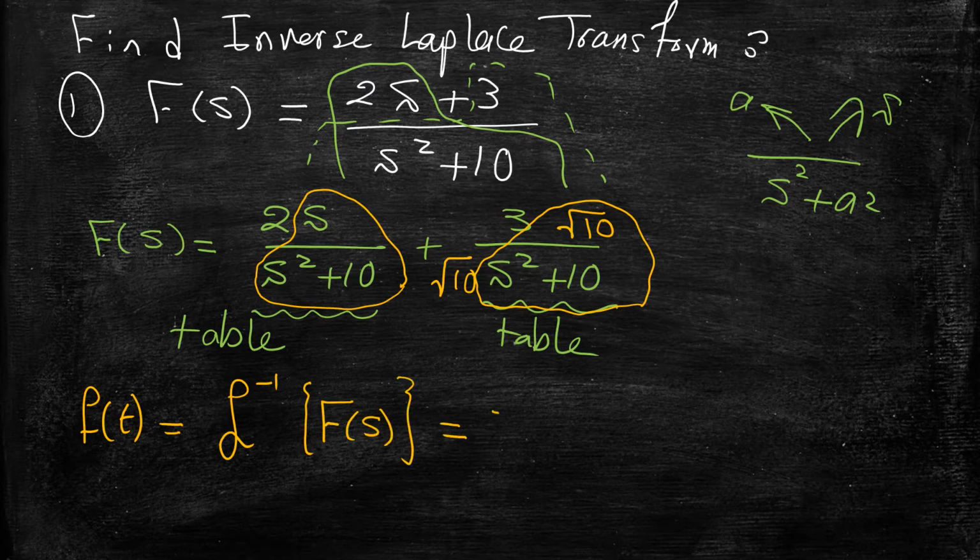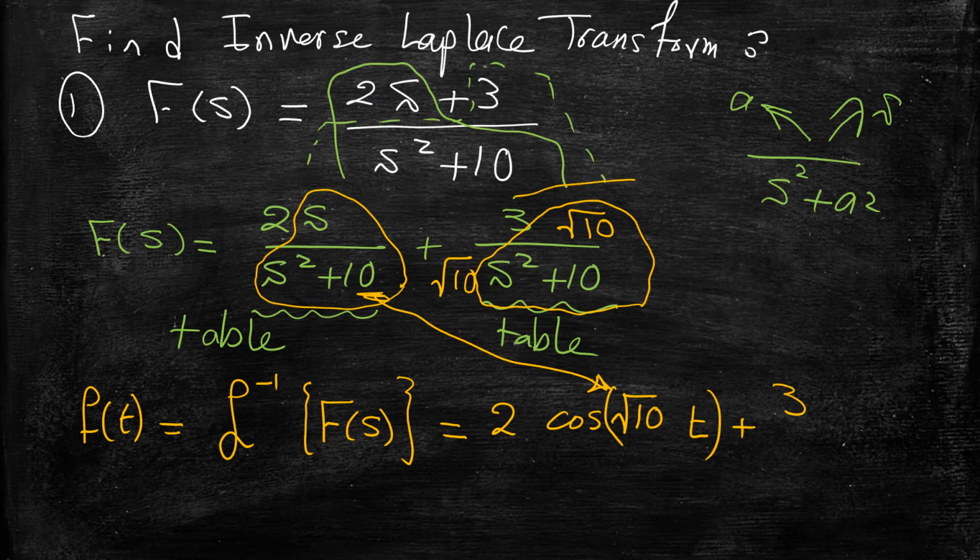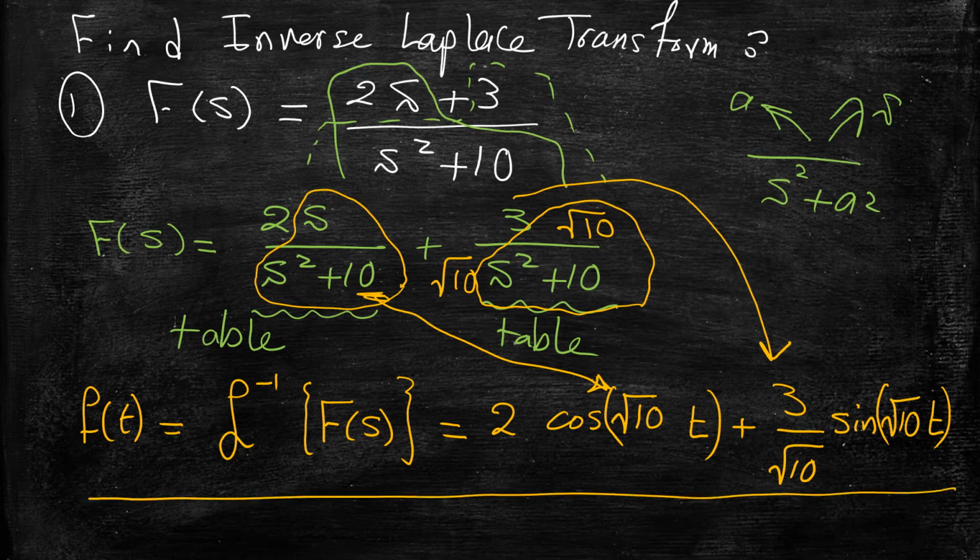This one will be 2, the same constant, times s over s squared plus 10, which is cosine of root 10 t. The other part has a constant, and we have root 10 in the denominator, so this will be sine of root 10 t. And then this is our function f of t.